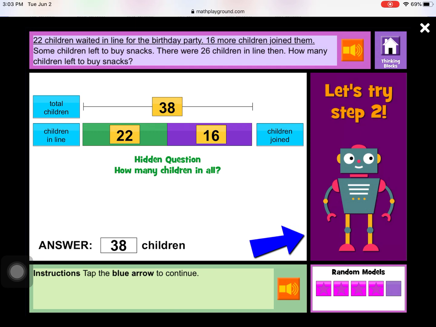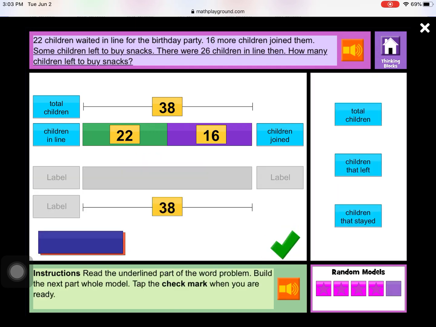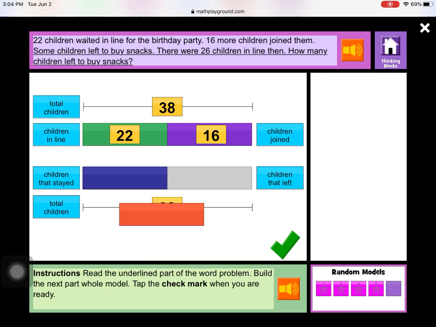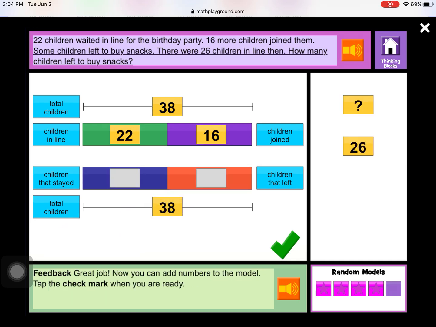Now let's go on to step 2. So now I know that the total number of children is 38. That's down here, 38 children. Then I have my children that left and my children that stayed. All right, let's check this out. When I look back up above, it says some children left to buy snacks.